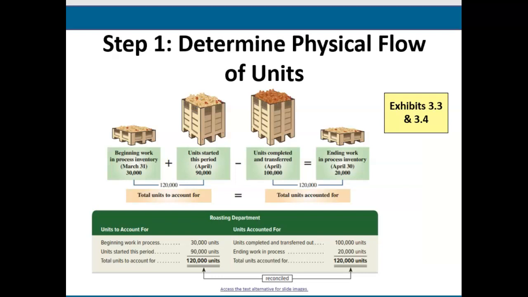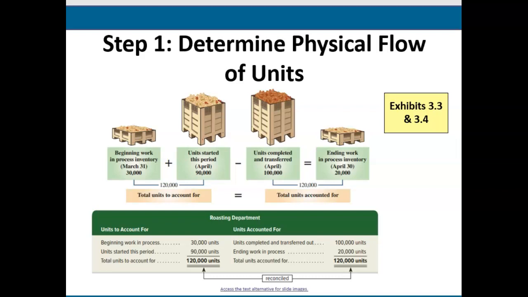So with step 1, we want to determine the number of units to account for and units accounted for. So with fit mix, a unit is a cup of trail mix. If you look at Exhibit 3.3 and 3.4 in your book, we can see production data in units for the first process. So we have the roasting department.